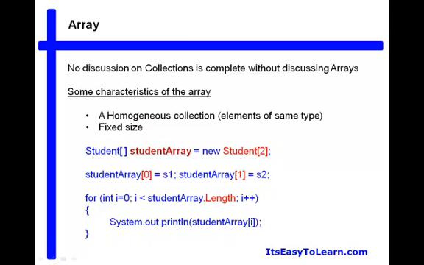We use a counter i, start from 0, and the condition is that it is less than the length of the student array, and we increment it by 1. This counter will now serve as the index, and we use student array square bracket of i, thereby making the counter the index value to access the elements of the array. So remember, the last index is always length minus 1.